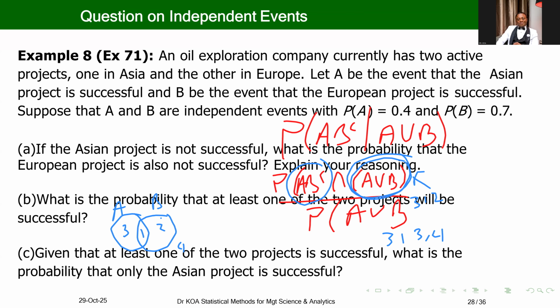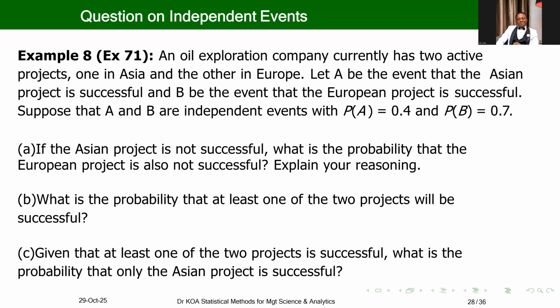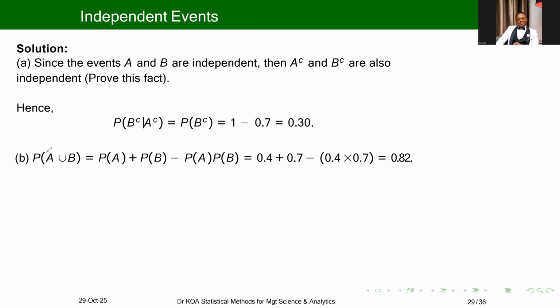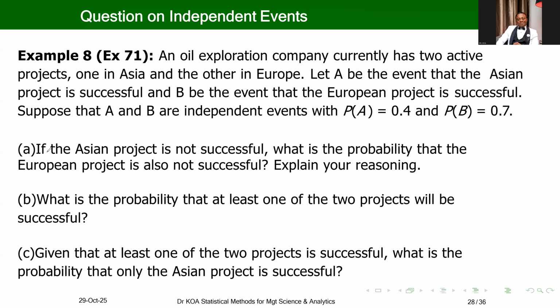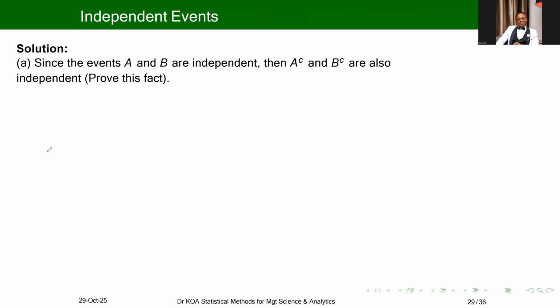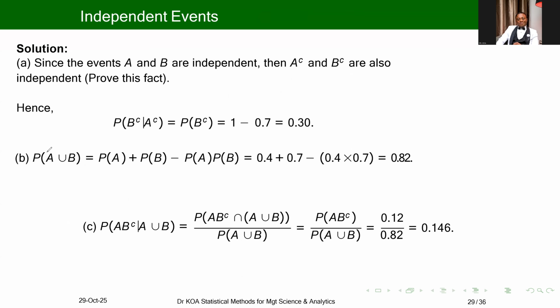Okay, so let's go back here. Let me just wipe it all. So when you come here, we are looking for, first of all, at least one of the 2 projects is successful. So you have the probability of A B complement given A union B, we've already established that this is it.